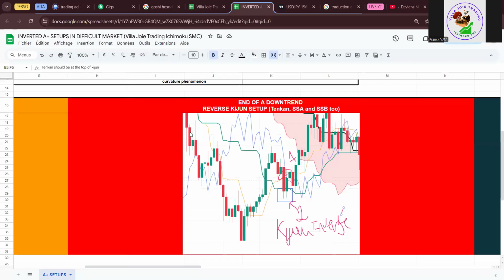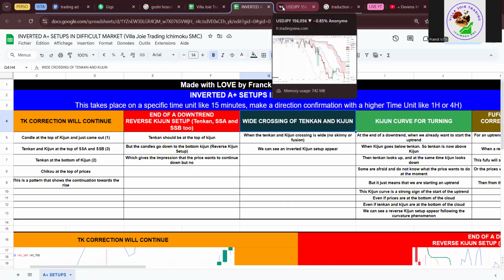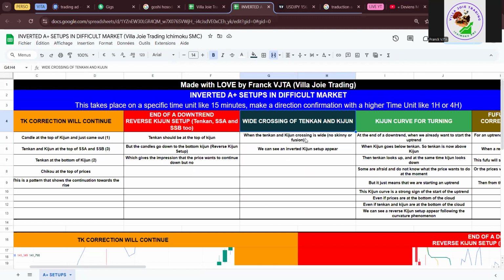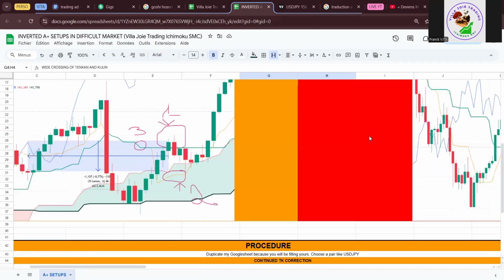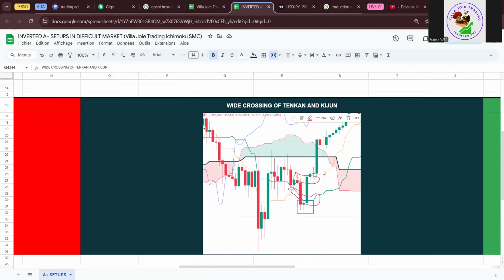So the next one is the wide crossing of Tenkan and Kijun. When the Tenkan and Kijun crossing is wide, like this, it's not a fusion, it's not skinny, we can see an inverted setup appear. For example, sometimes you can see like Son Goku's Kamehameha, when Tenkan is going above Kijun like this, and Kijun is going to the downside.